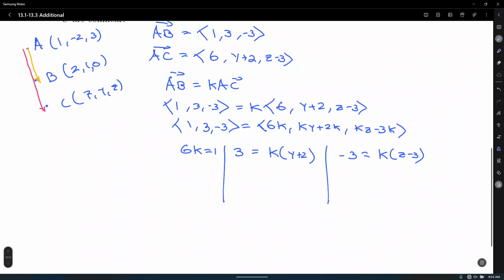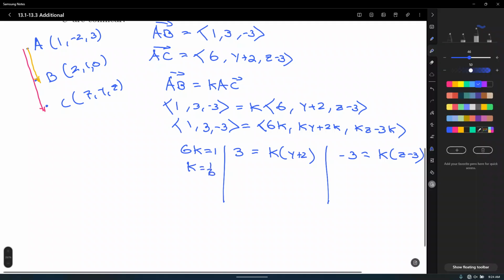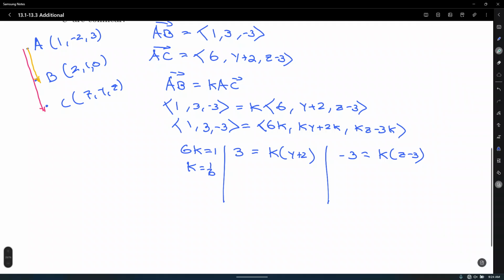So from the last two equations we have one single equation in each of two variables. However, from the first equation we get that K equals 1/6, which we may now substitute over here. So that is 3 equals 1/6 (Y plus 2), and negative 3 equals 1/6 (Z minus 3).